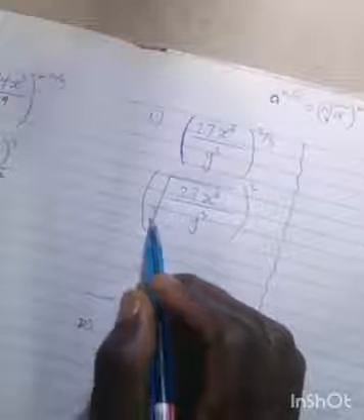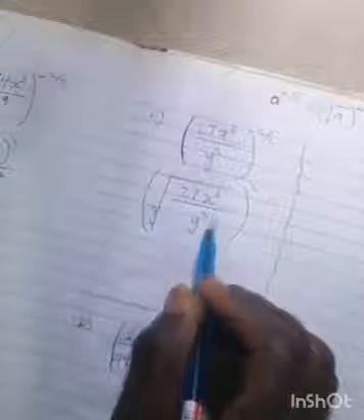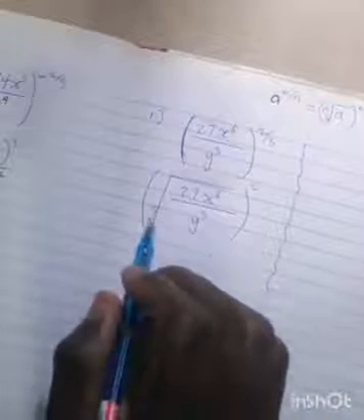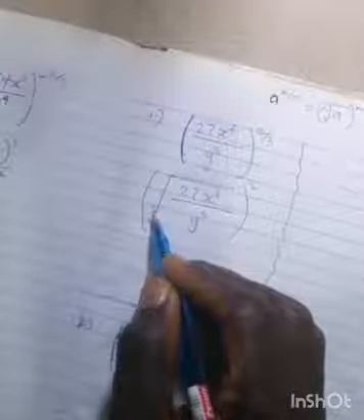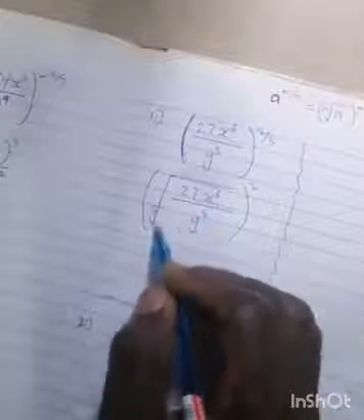So the interpretation now is that we are to find the cube root of 27, the cube root of x raised to power 6, and the cube root of y raised to power 3. When we say cube root, we mean that single number that when you multiply it 3 times, it will give you 27, x raised to power 6, or y raised to power 3.